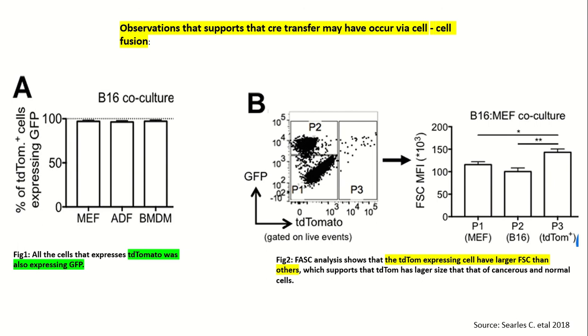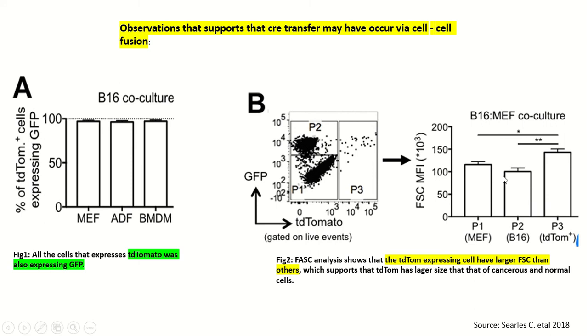The first was in B: please see these P3 cells that are now expressing tdTomato. These are the P2 cells, which are the cancerous cells expressing GFP. P1 cells were those expressing neither tdTomato nor GFP.